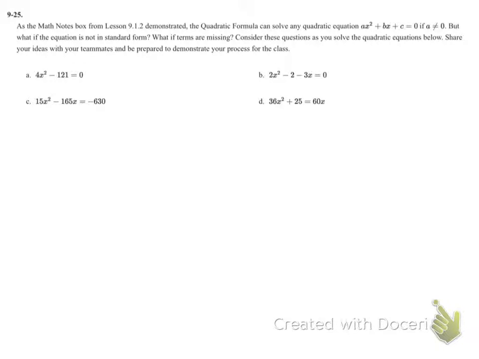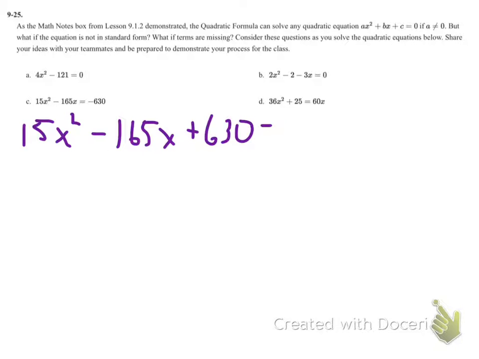There are several things I can do, but first of all, it is not equal to 0, so I need to move negative 630 to the other side by adding 630 to both sides. So I now have 15x squared minus 165x plus 630 equals 0. It is now written in this form. I could go through and solve this problem.